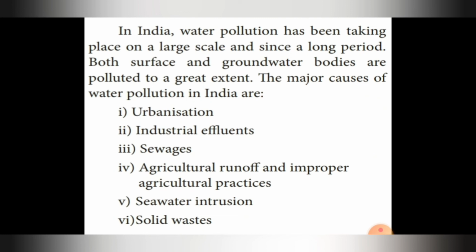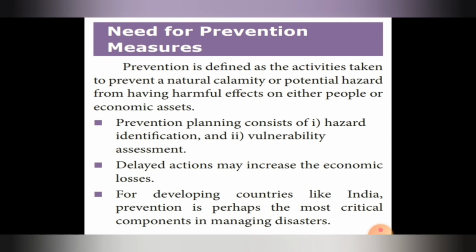Both surface and groundwater bodies are polluted to a great extent. The major causes of water pollution in India are urbanization, industrial effluent, sewage, agricultural runoff and improper agricultural practices, seawater intrusion, and solid waste.